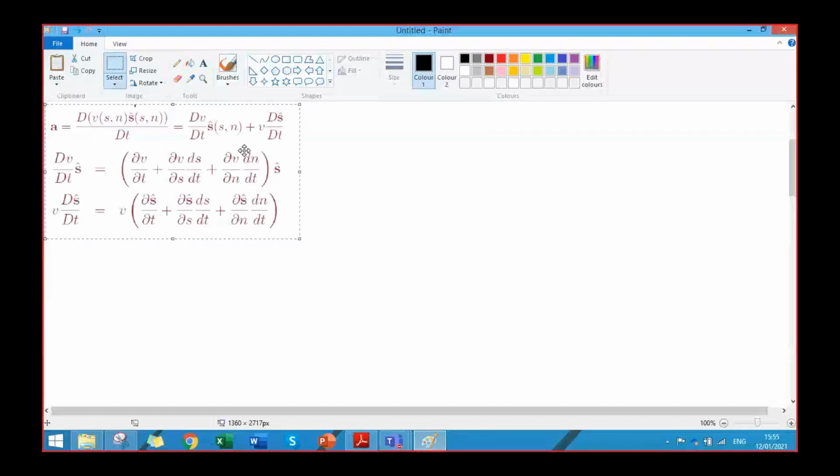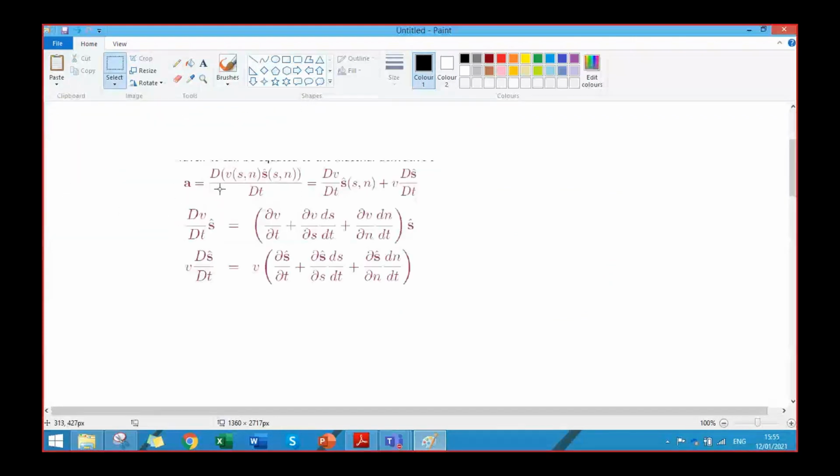In this equation, we have two components of the velocity. Velocity is a function V of s comma n, and it is along the streamline direction, but this direction is also dependent on s and n, because it will change with change in the streamline or with change in the normal. Is this clear?